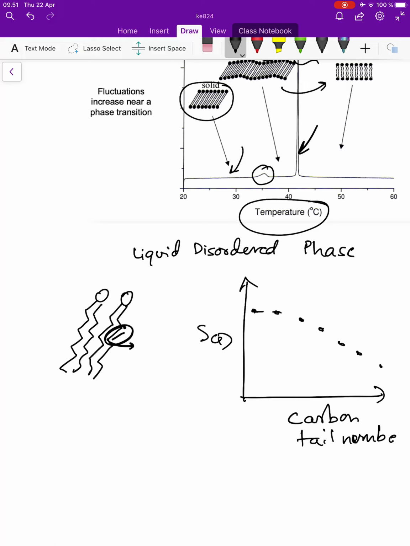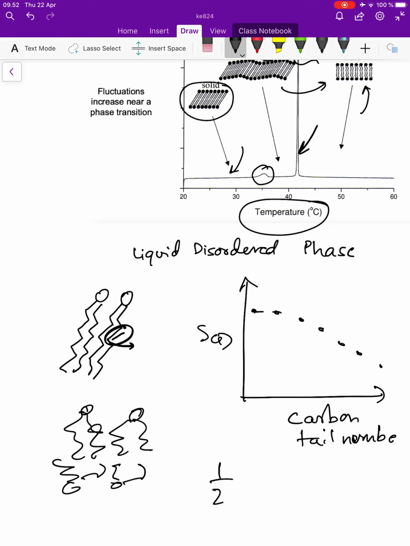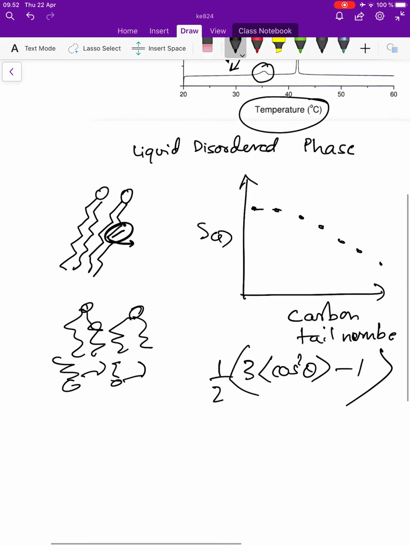Now, when you reach the fluid phase, the lipids actually look very different. They look something like this. And as you can imagine, the order parameters now are much lower. Remember that the definition of order parameter is (3 cos² theta minus 1) over 2. And now the order parameters will be much lower because we are in the fluid phase.